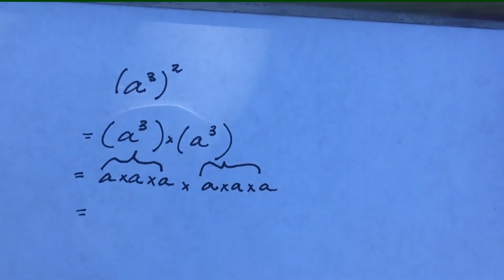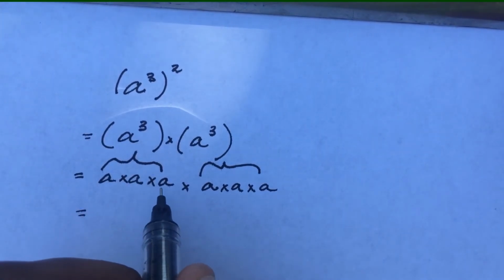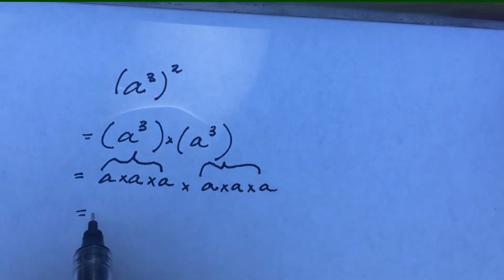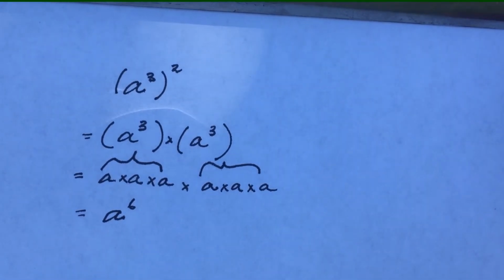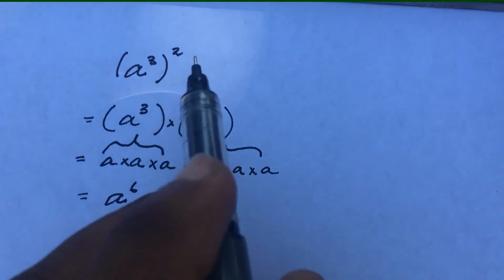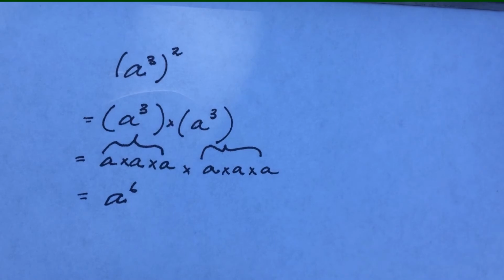How many a's are we multiplying together now? Count them up with me. 1, 2, 3, 4, 5, 6. So I have a to the 6. Now check it out. If I should multiply these two numbers, what would I end up getting? 3 times 2 is 6. So that's a shortcut in doing it.